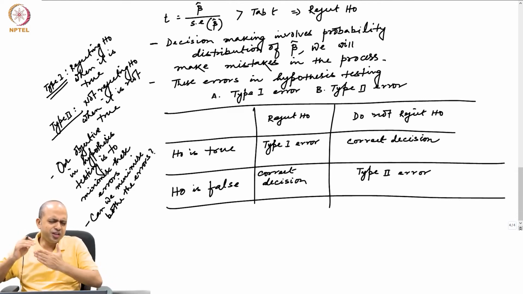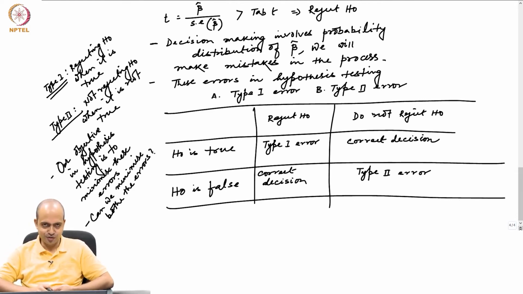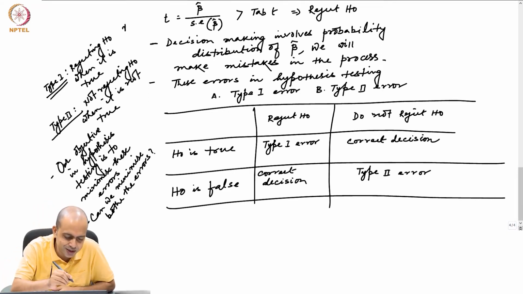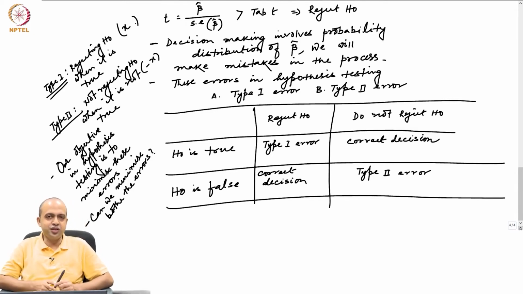Then the next question is, can we minimize both the errors simultaneously?